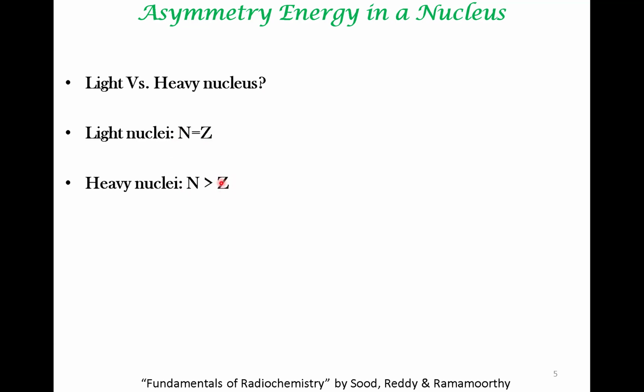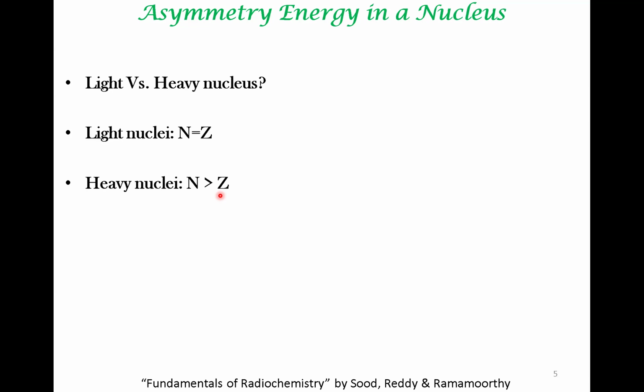Why is that? We had qualitatively rationalized this feature in terms of Coulomb interaction, right? The Coulomb interaction goes quadratically as Z. As the Coulomb interaction increases, you need to have a lot more neutrons to screen each proton from each other.